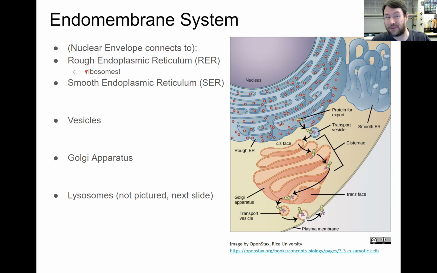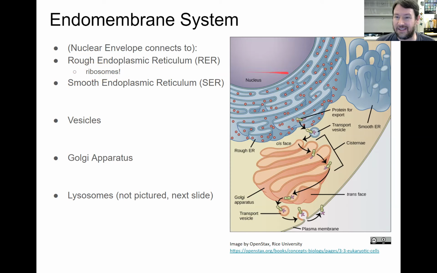Okay, why are the rough ones rough? Well, because it has all these little dots on it. When we look with an electron microscope and take a closer look, we figure out what's in those dots, and it's actually a mix of proteins and RNA that forms ribosomes. And ribosomes are protein factories or machines that build proteins.